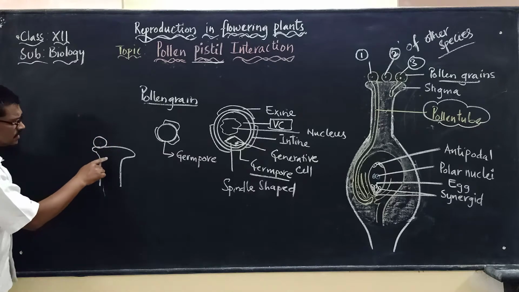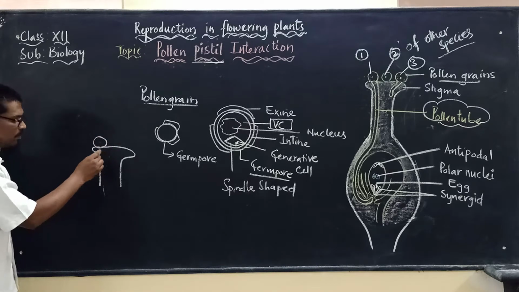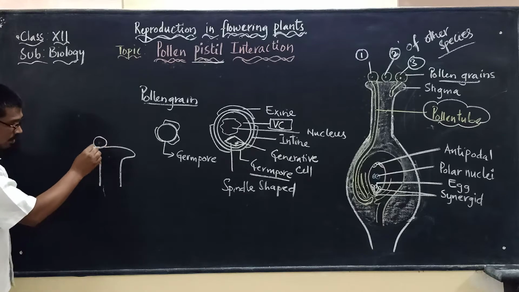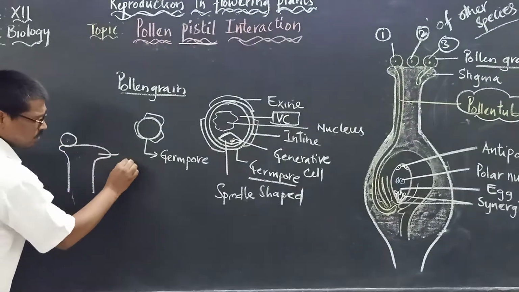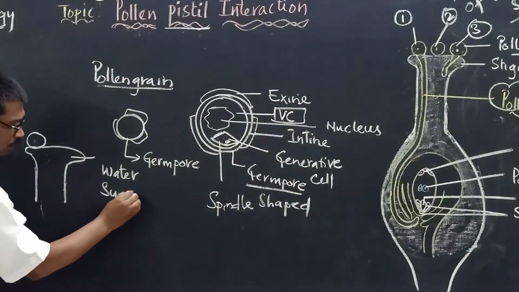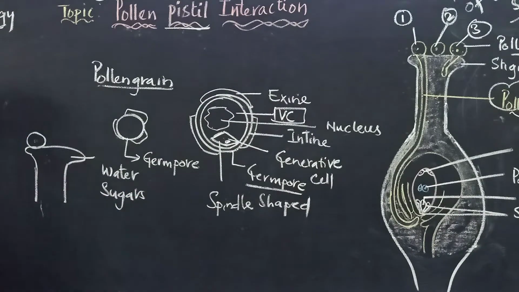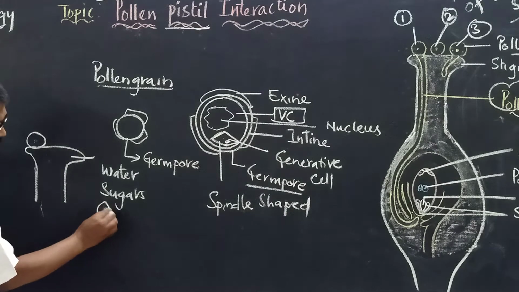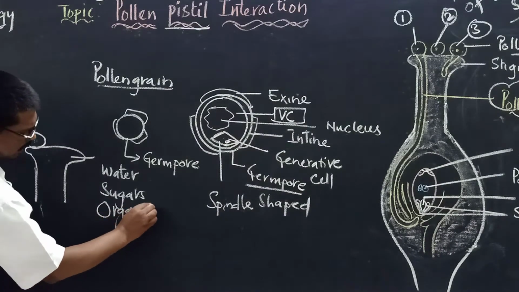Suppose this is the stigma. As soon as the pollen grain falls on it, the stigma contains what? Water. It also contains sugars or organic acids.